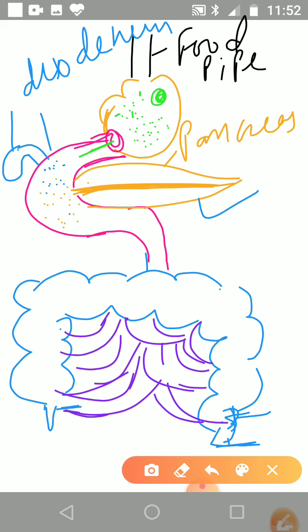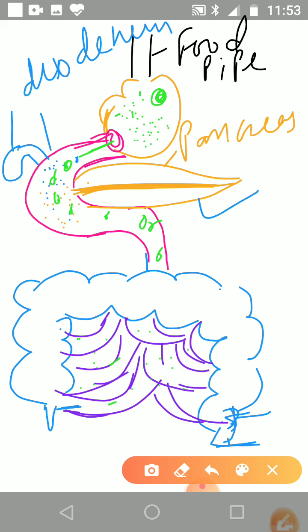When the food comes and the juices released by these glands come into the duodenum, with the help of these juices the small food particles break down further into very small and fine particles. Then that food travels from the duodenum and reaches the small intestine.